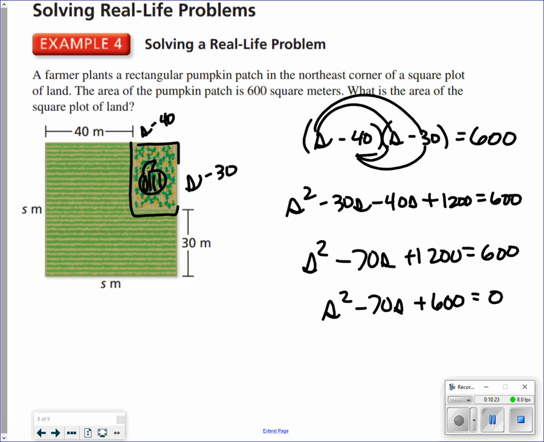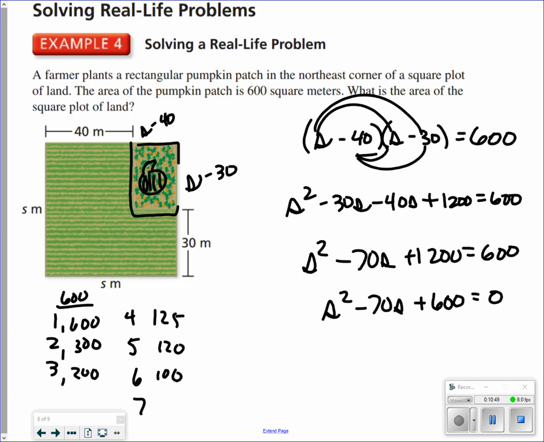Here's what I mean by a chart. I have 600 that I'm trying to come up with two numbers that'll multiply to. Start with 1, and then divide by 2, then divide by 3, then divide by 4. Then divide by 5, 6, 7, 8.